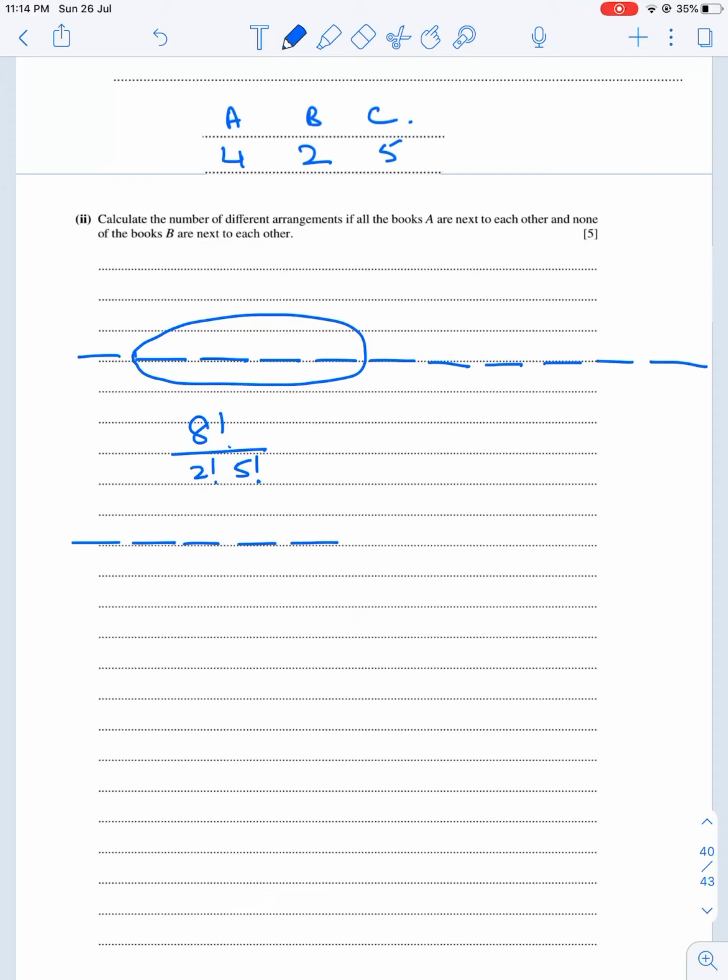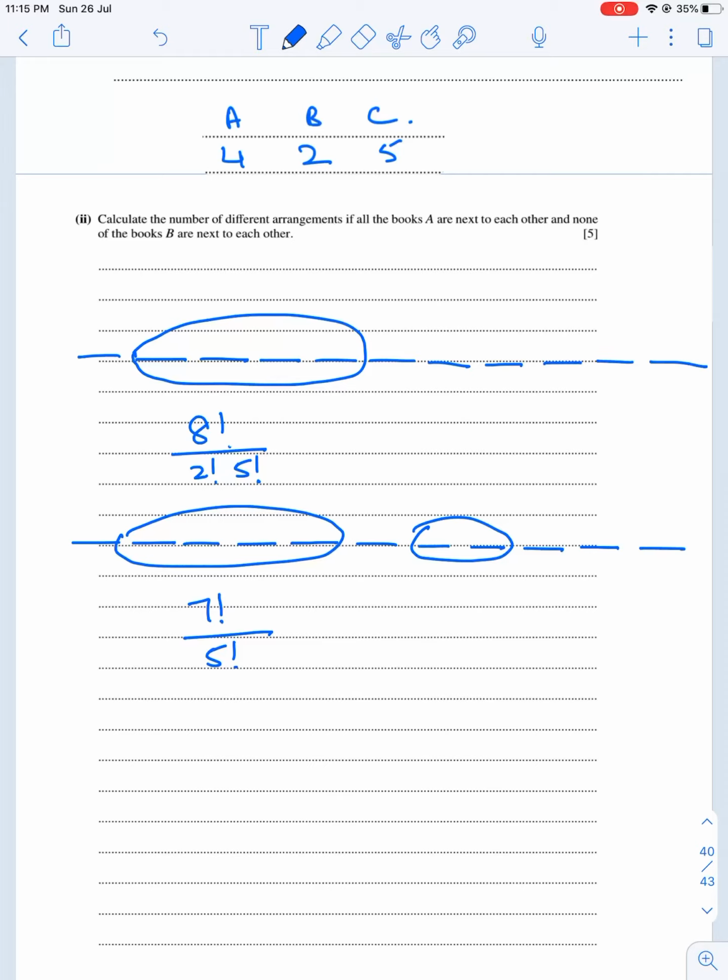So I'm going to put 11 dashes once again. Okay, I want book A's to be together and I want B's also to be together. There are 2 book B's. Let's start counting once again the dashes. You'll take this whole group as 1 unit. So 1, 2, 3, 4, 5, 6, 7 factorial divided by, since A and B are bounded together, so you won't divide it by them, but C has 5 books, so 5 factorial.